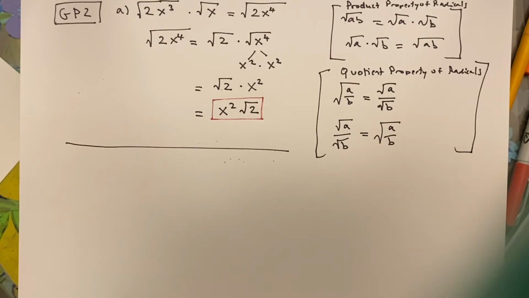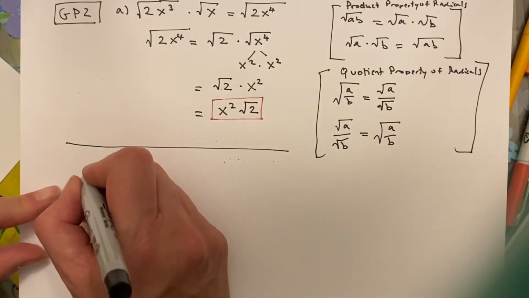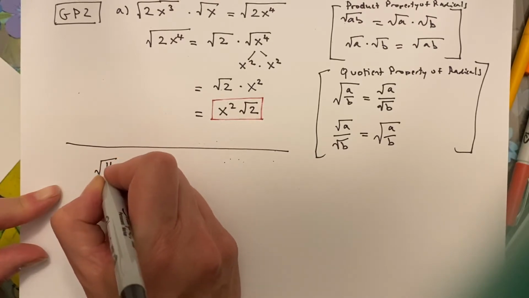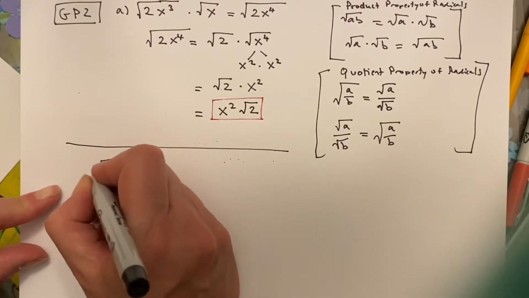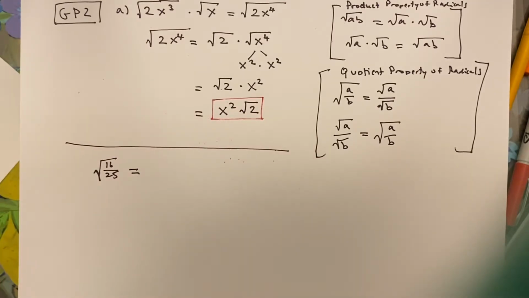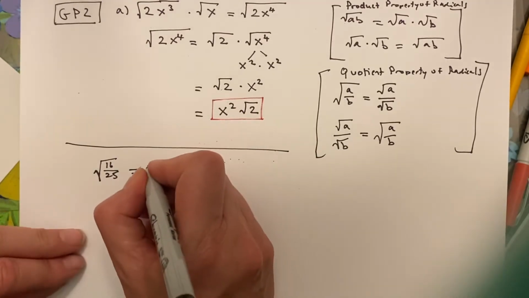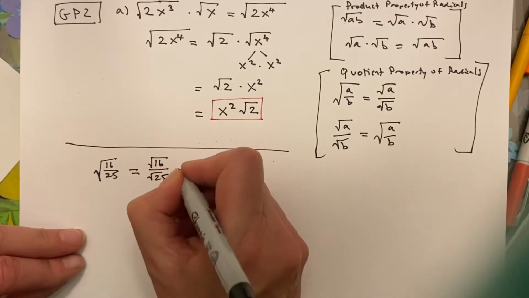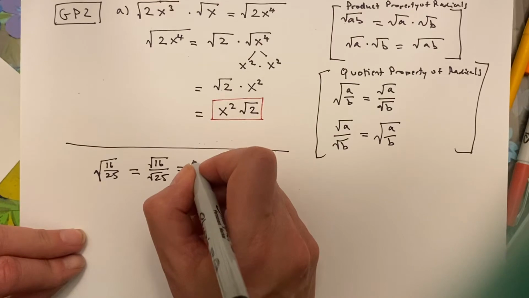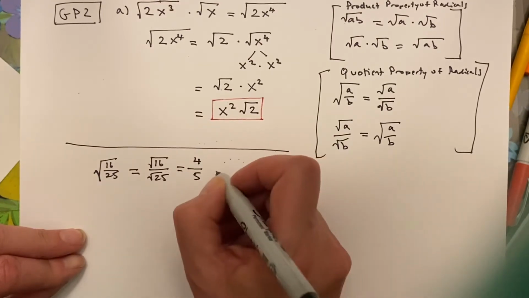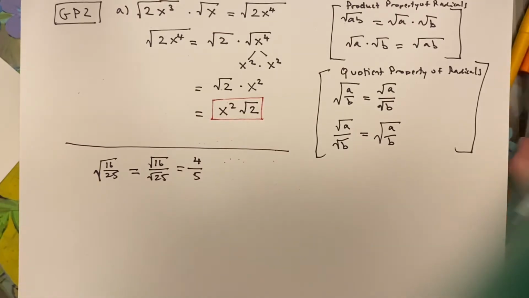Let's take the square root of 16 over 25, and the whole thing is in that square root. Because of the quotient property of radicals, I can divide this as the square root of 16 over the square root of 25, and I know the square root of 16 is 4, and the square root of 25 is 5. So this whole thing gives me 4/5.